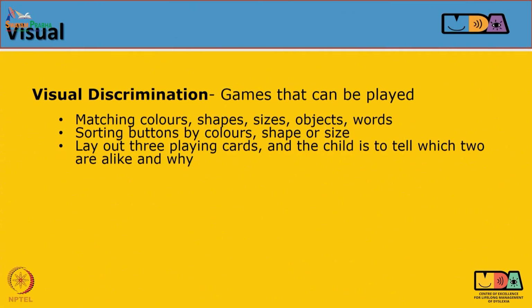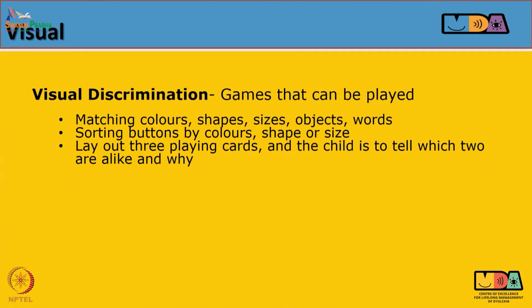Matching colors, shapes, sizes, sorting buttons in a tray full of various shapes and colors of buttons. Ask the child to sort. He should be able to find the difference in very minutely different buttons and shapes.